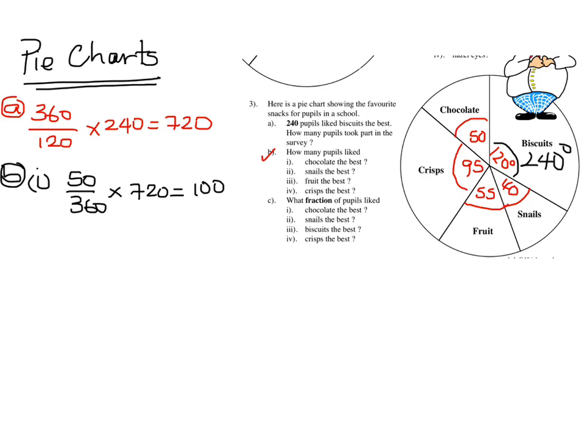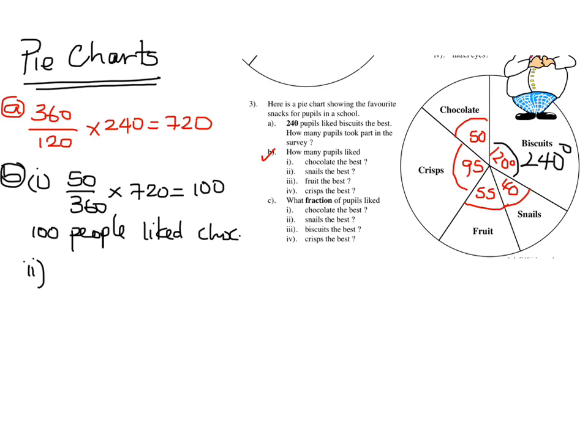I will state my answer to say 100 people like chocolate. All right, now I can move on to the second part, where it's now asking me the number of people that like snails the best.